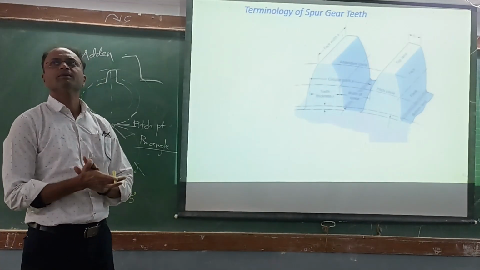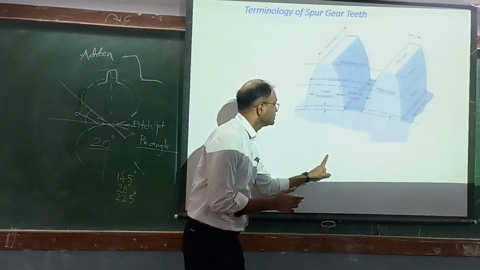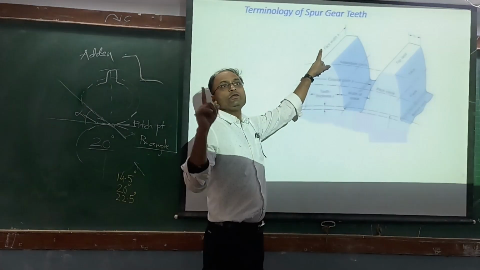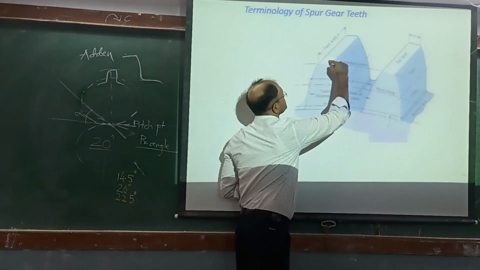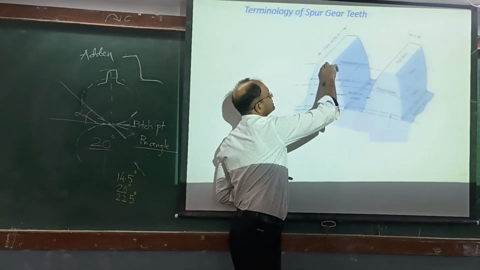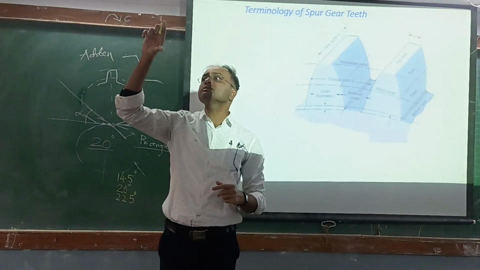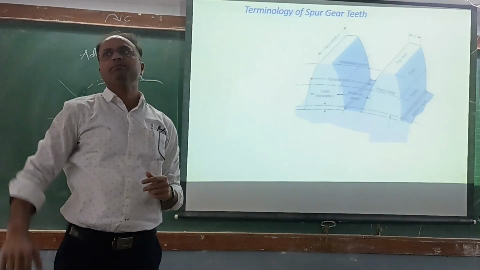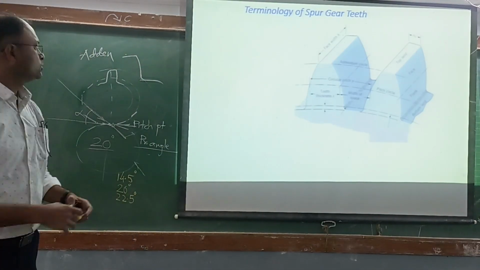You just see radial distance मतलब along the radius, distance along the radius between addendum circle and pitch circle. That means this distance, this radial distance is called as addendum. Next time dedendum. Addendum in bracket you write down.